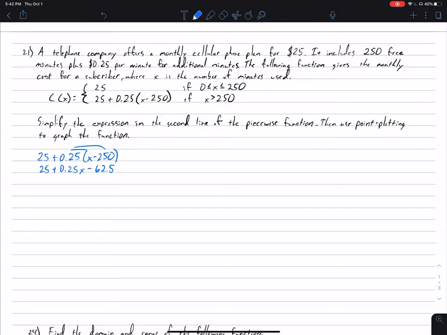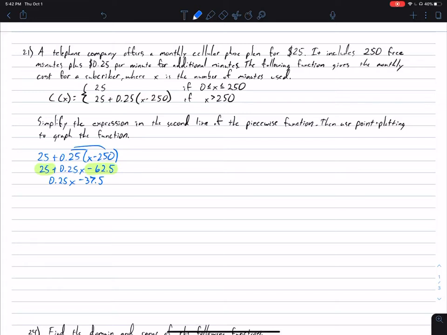So 25 minus 62.5 is going to be negative 37.5. So I'm going to write this as 0.25x, and if I combine these two, I get minus 37.5. So that's the second line of the piecewise function.